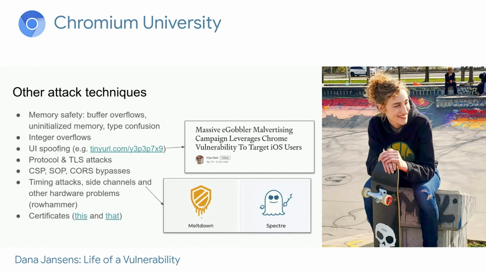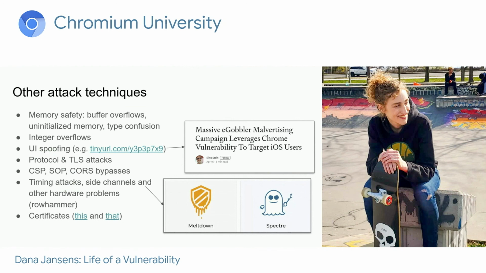So let's talk briefly about some of the other types of vulnerabilities we see. There's all kinds of basic C++ memory safety bugs. Recall they're 80% of our security bugs this year. Integer overflows are also a basic coding issue. Beyond that, things get a bit more sophisticated, like UI spoofing. This can be everything from domain names with similar looking Unicode characters to websites that try to impersonate bits of the Chrome UI.